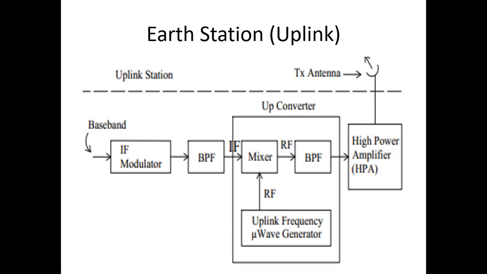For any application, at the last stage of transmission, you send the signal to the antenna, and you have a power amplifier as the last stage of your whole circuit. This part is called the RF front end. It is the stage next to the antenna.